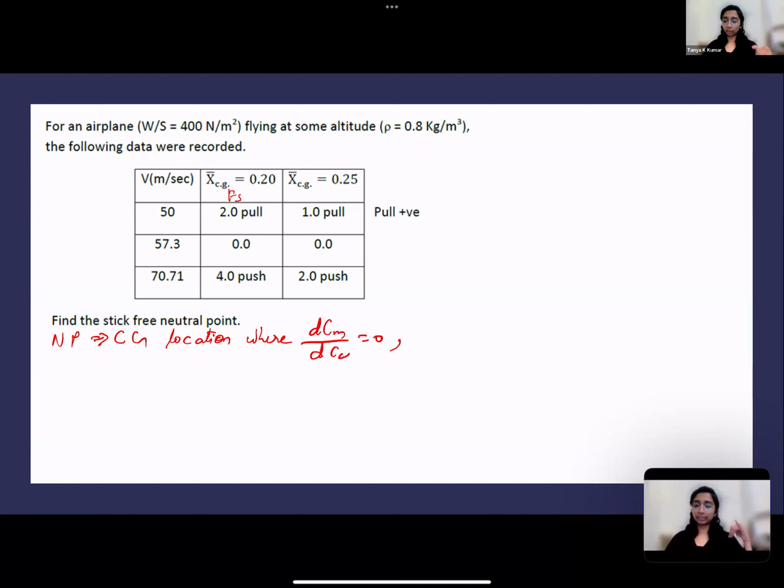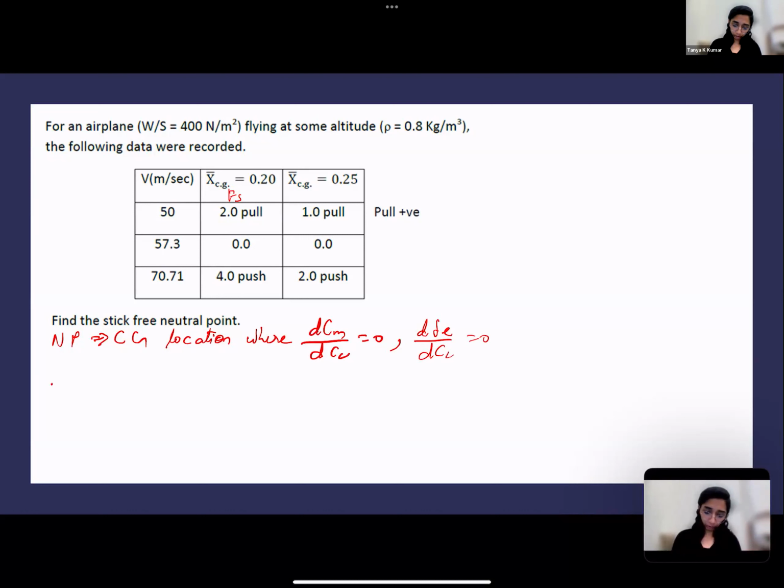Neutral point is the CG location where d delta E by dCL is 0, correct? Please do correct me if I'm going wrong, okay? Okay, let me just proceed.